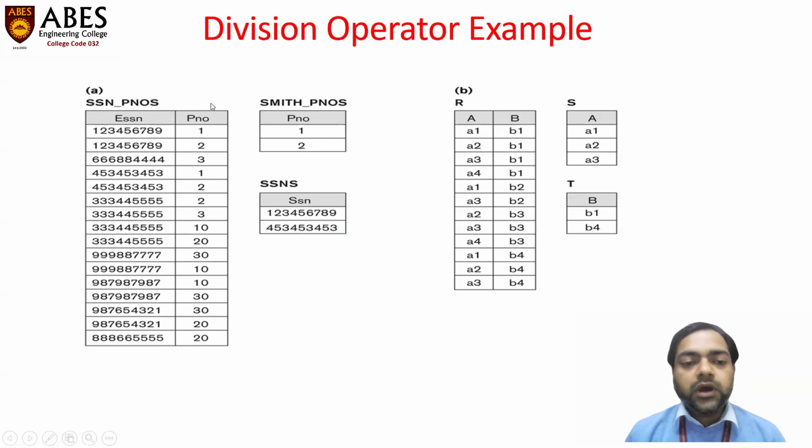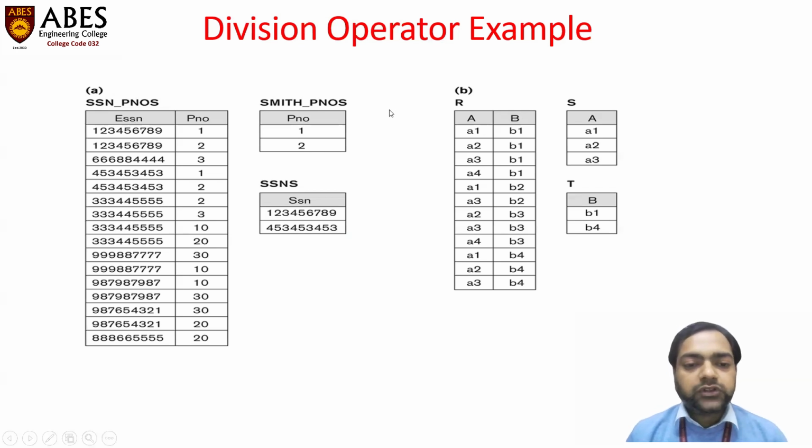When we apply the division operator, this PNO will be cancelled out with the corresponding attribute, and the resultant relation will have only ESSN, right? So after applying the division operator, we'll get only one attribute in the resultant relation. This is all about the number of attributes in the resultant relation. Now, what about the tuples?